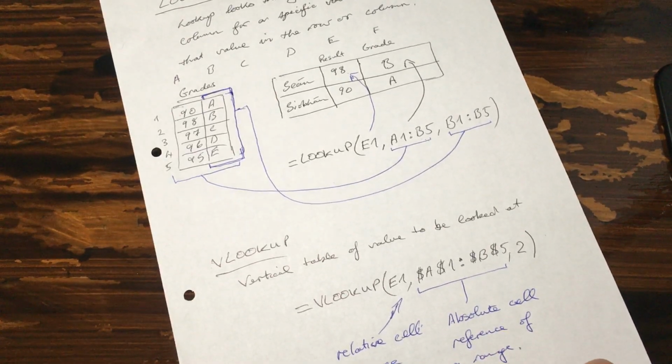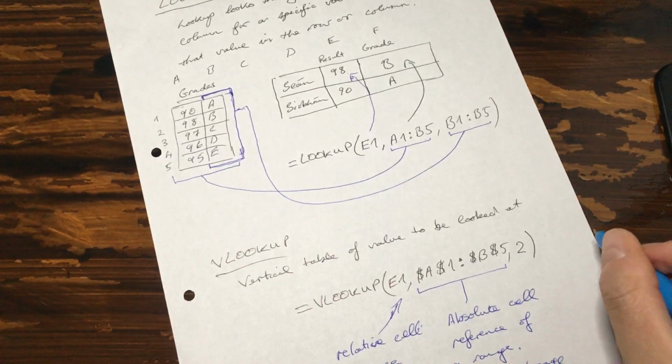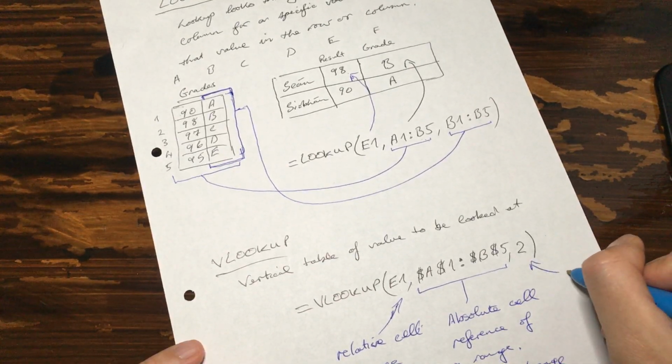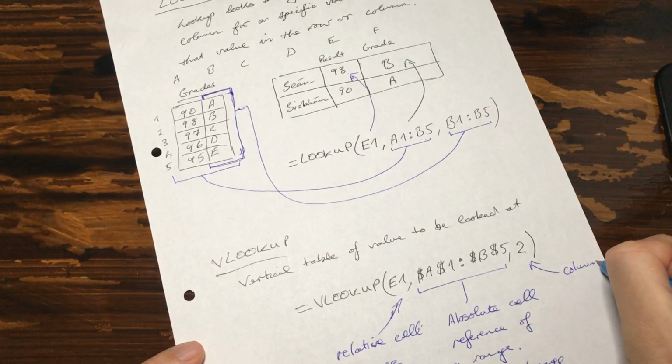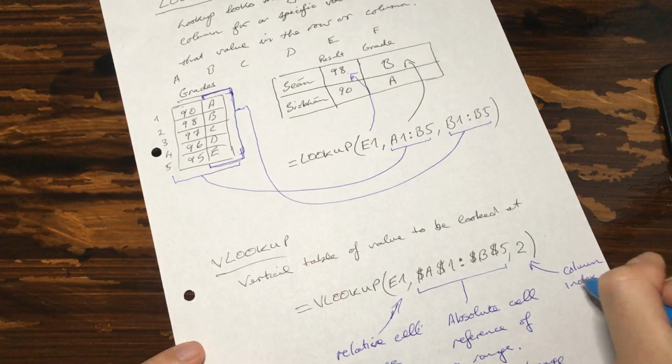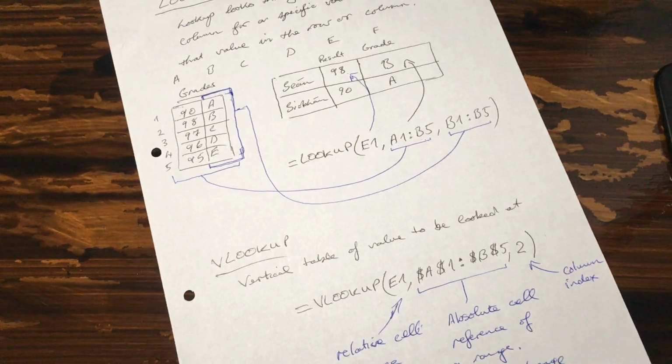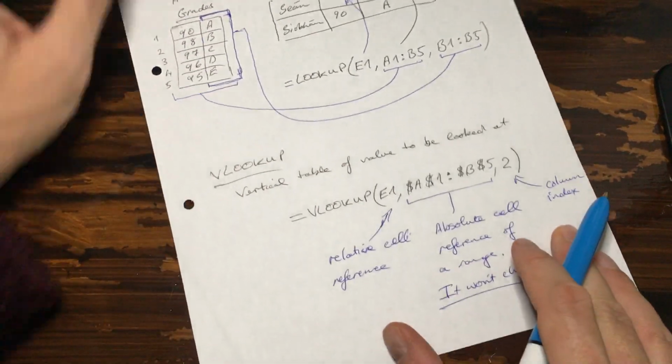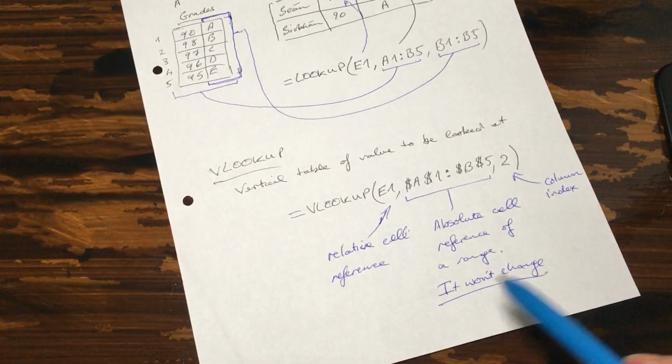And you can just say it won't change. Okay, underline that. And then this is column index. All right, and that's it. Simple and done. Simple. All good.